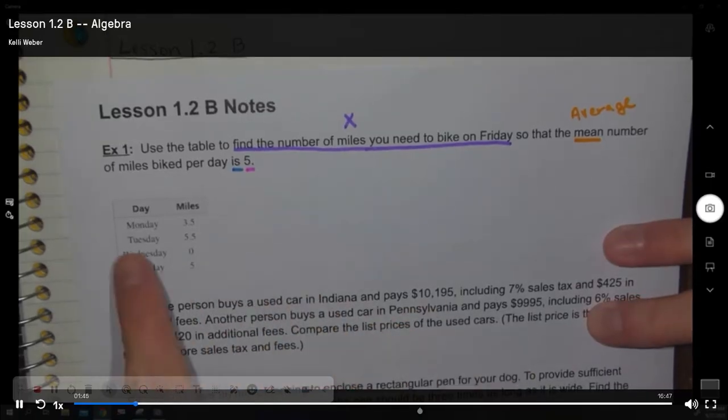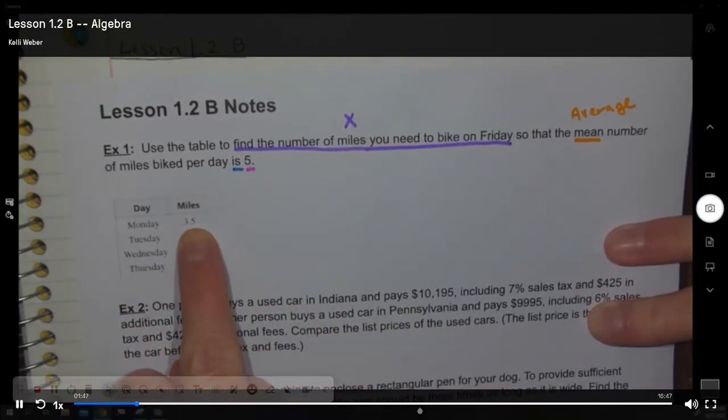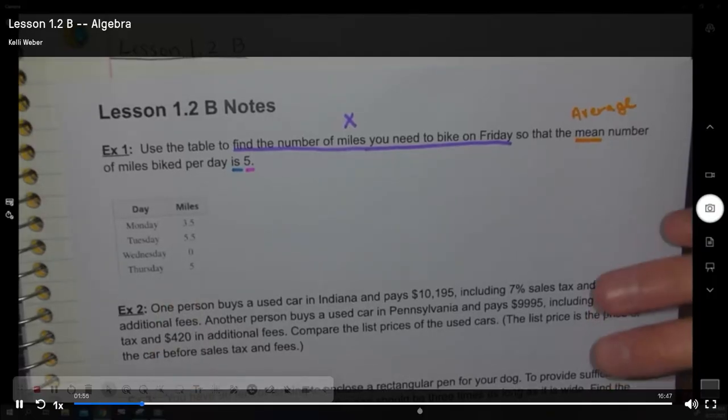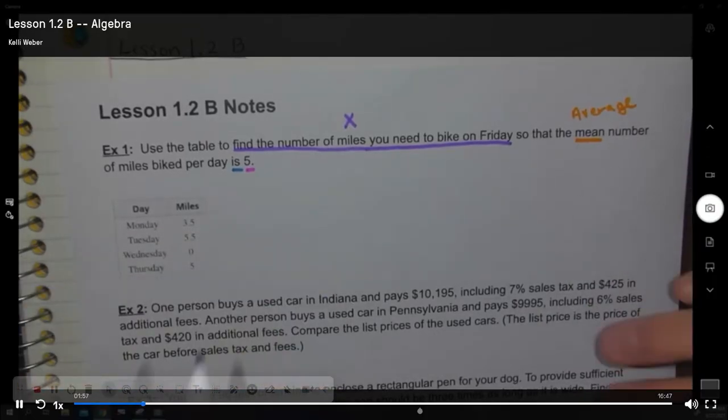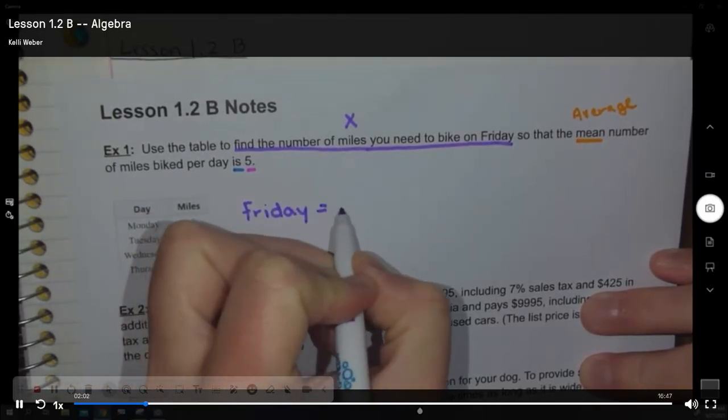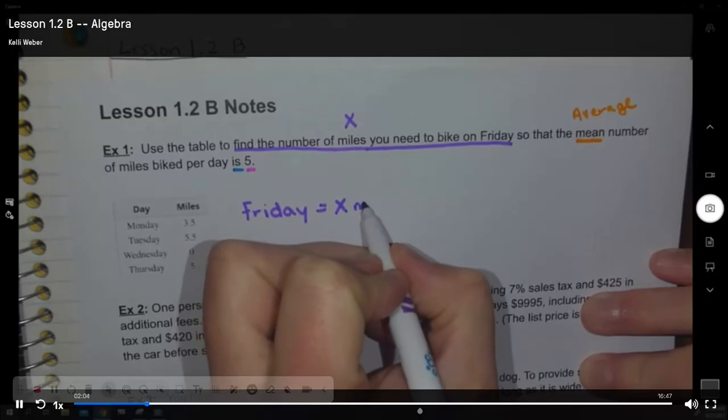So looking at the table, Monday, 3.5 miles, Tuesday, 5.5, Wednesday was 0, and Thursday was 5 miles. So then if we're talking about Friday, Friday is our X miles.